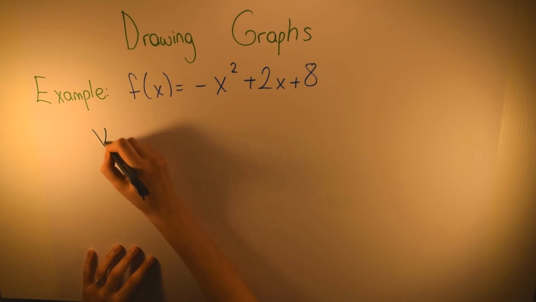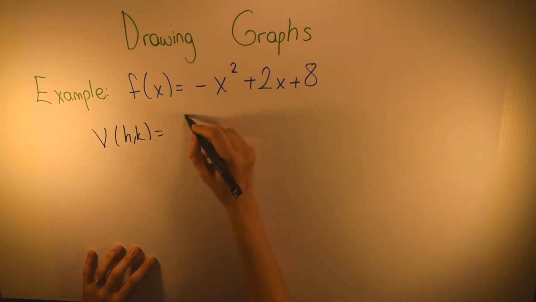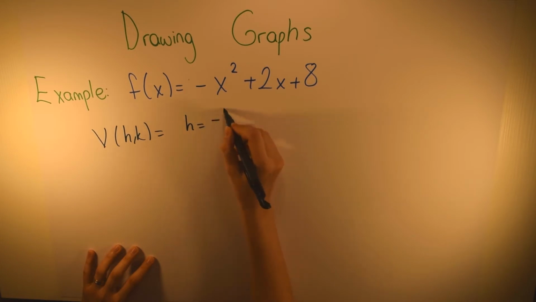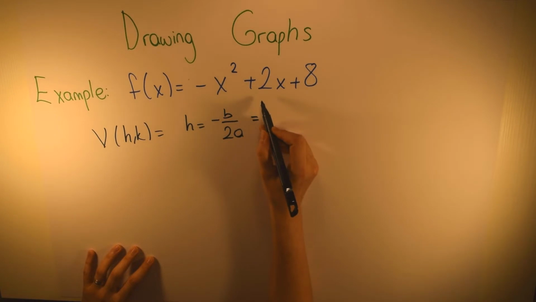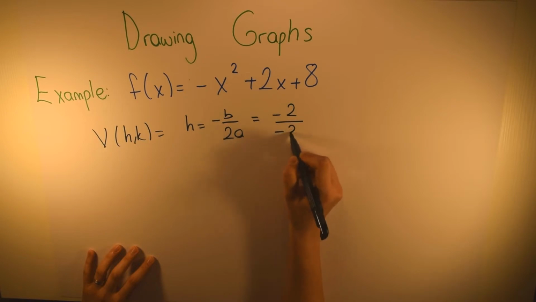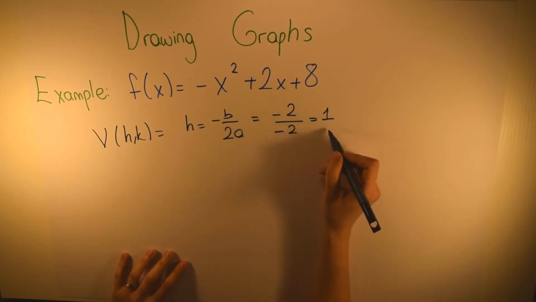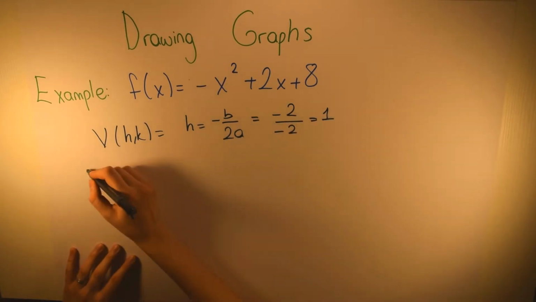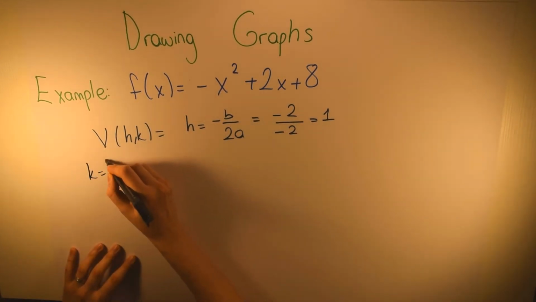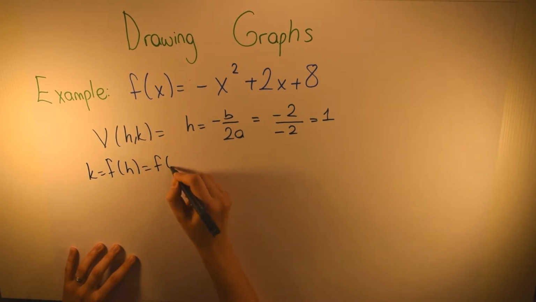What was it? It was V = (h, k), where h is equal to -b/2a. So here, -b is -2 over 2a, which gives -2 over -2, which is equal to 1. After that, we will find the value of k. k is equal to f(h), which is equal to f(1).